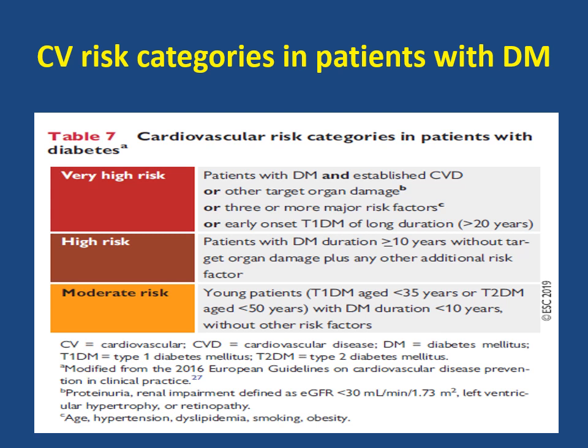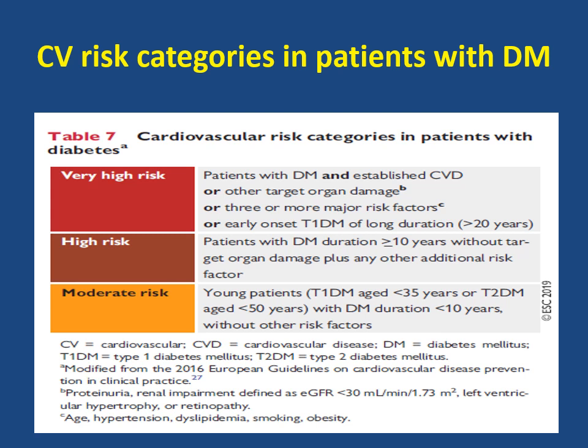The first category is the very high risk category, which includes patients with diabetes and established cardiovascular disease, such as cerebrovascular disease, coronary artery disease, or peripheral arterial disease; patients with diabetes and other target organ damage, such as nephropathy or retinopathy; diabetes with 3 or more major risk factors, such as hypertension, dyslipidemia, or obesity; or early onset of type 1 diabetes with long duration more than 20 years.